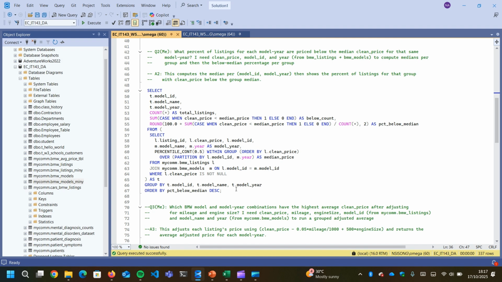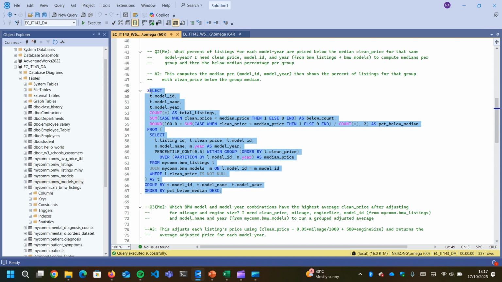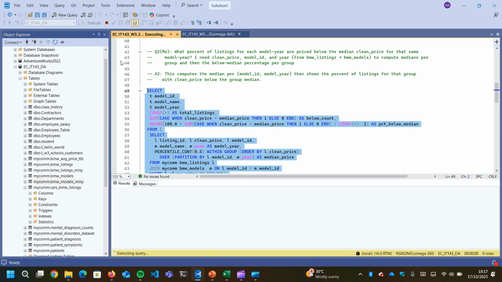Basically, using the percentile function, I computed the median per model ID and year, joined it back to each listing, and counted how many listings fell below it. So let's run the code.